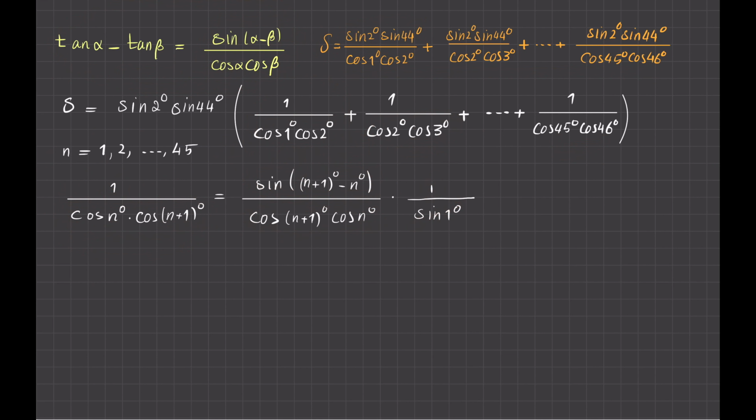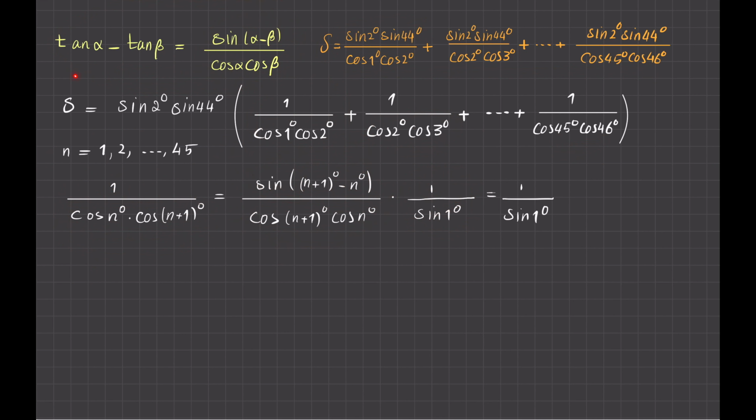But what is the benefit of that? So if you don't mind, let me write this fraction first. 1 over sine 1 degree. Now go back to this identity. Give the role of alpha to n plus 1 degrees. Give the role of beta to n degrees. So this becomes exactly this combination that appears on the right hand side.